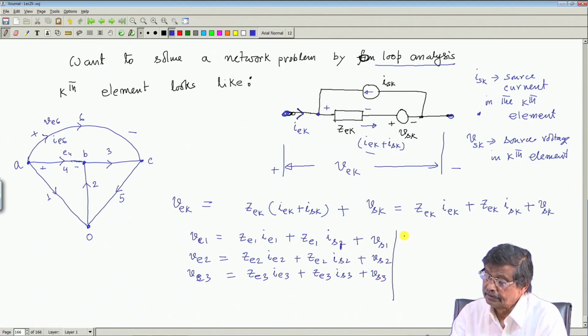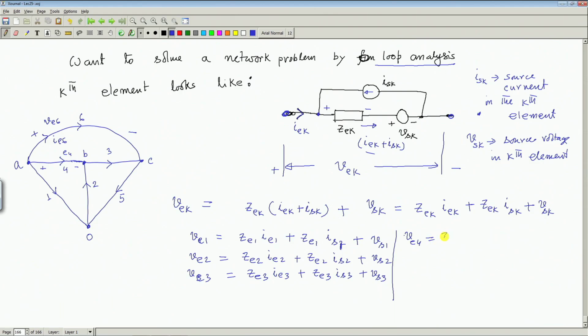Finally, another for VE4, let me write at least once: ZE4 IE4 plus ZE4 IS4 plus VS4.